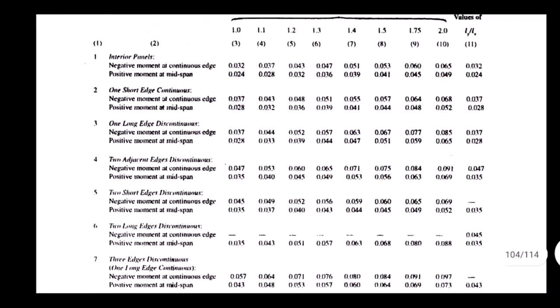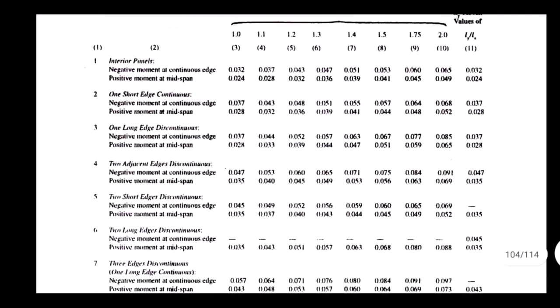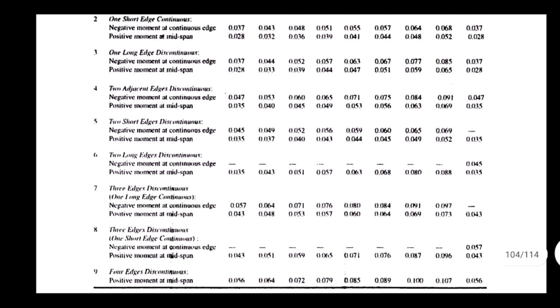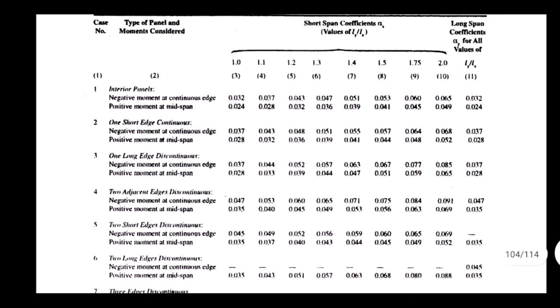There are many support conditions like interior panels, one short edge continuous, one long edge discontinuous, two adjacent edges discontinuous, two short edges discontinuous, two long edges discontinuous, three edges discontinuous, four edges discontinuous, etc. If any condition among these is directly or indirectly given in the question, we will go through these values depending upon the Ly by Lx value.